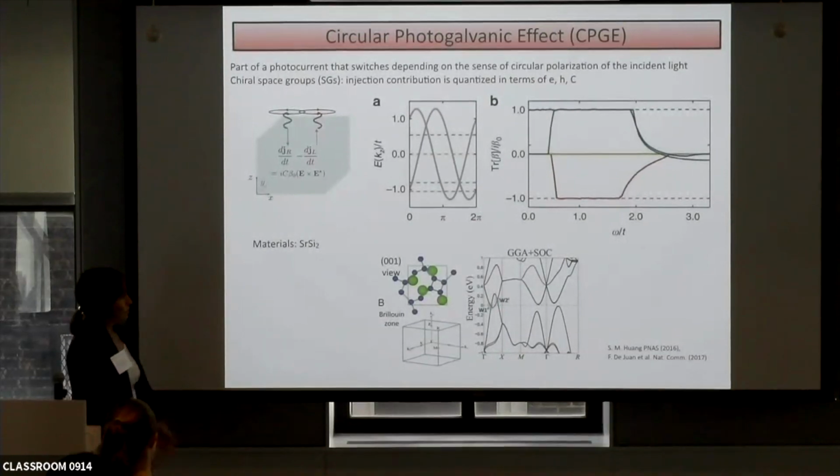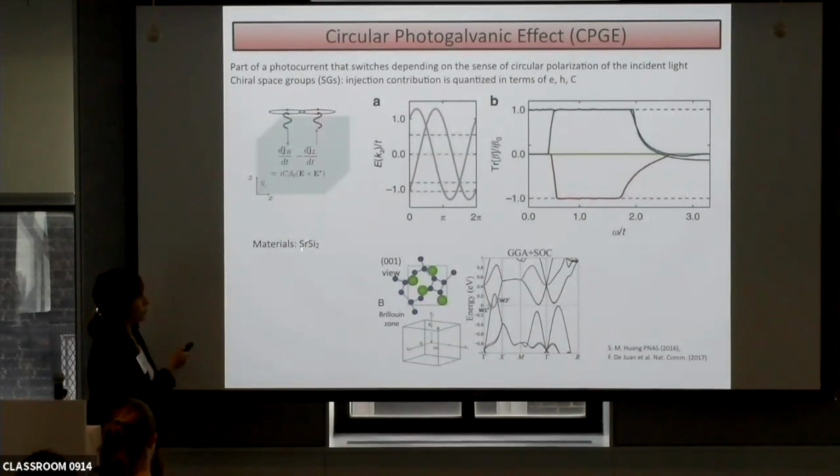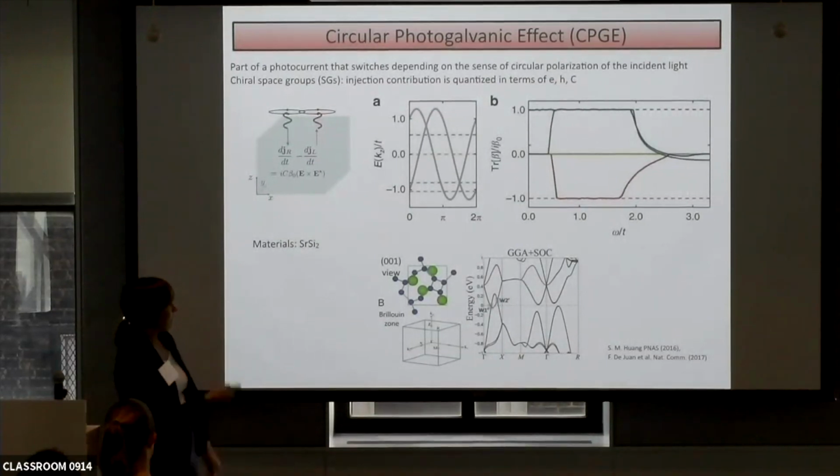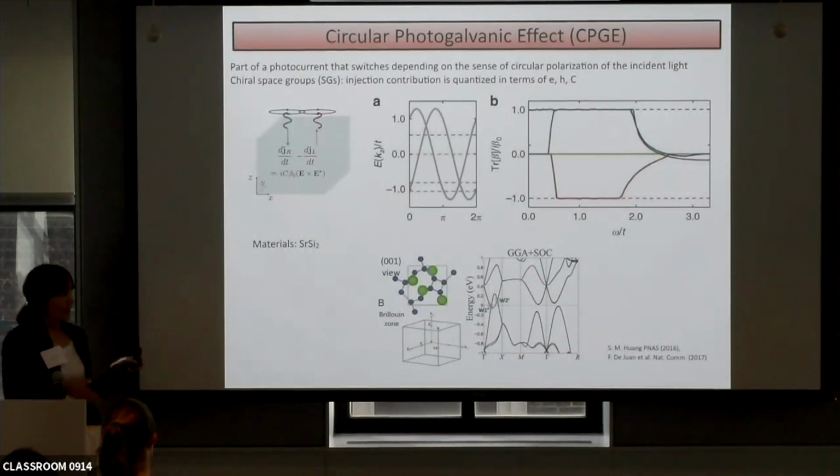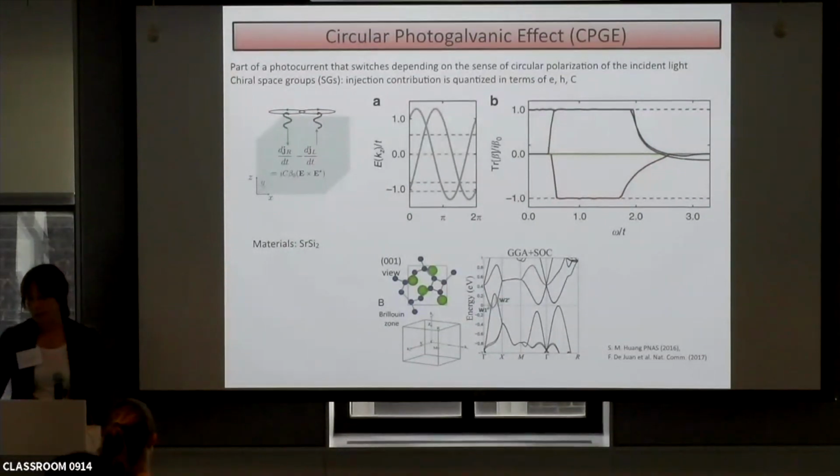But they tried to grow it, and apparently it's impossible to reproduce the only paper that claims to have grown this phase. So we started looking for more materials with these crossings. However, we did not really succeed in finding these crossings between high symmetry points.